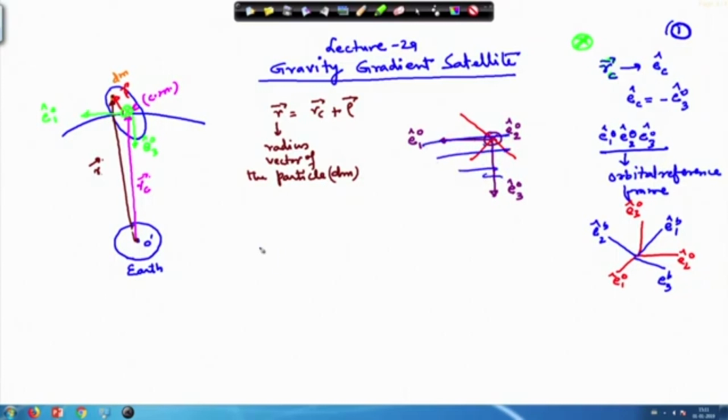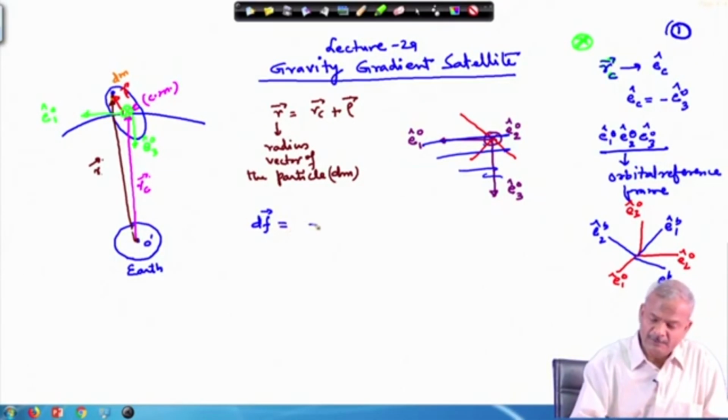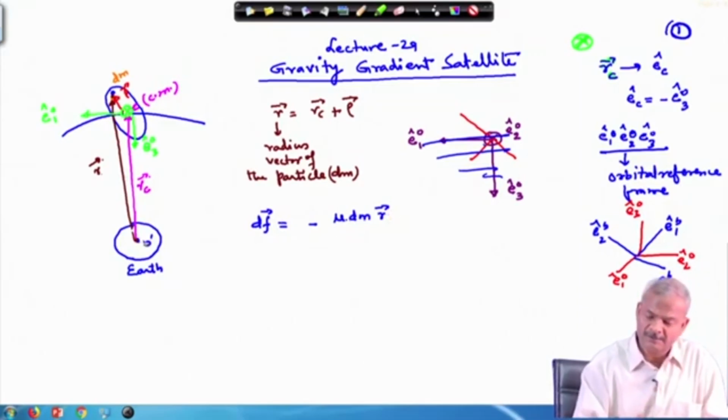Okay. So, with this we wrote the force acting on this small particle, which is here at this point: d f equal to minus mu times d m, then r, which is the radius vector of this point from the center of the earth, divided by r magnitude whole cube.